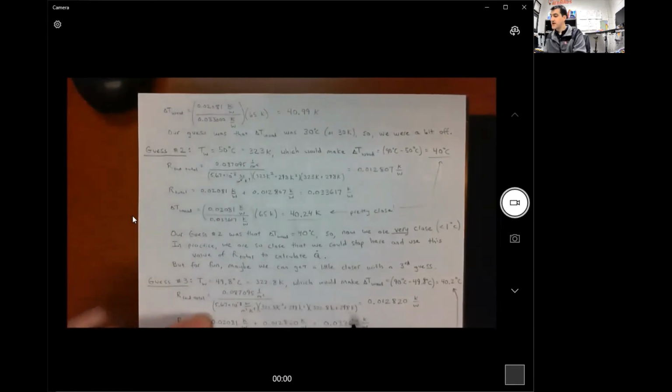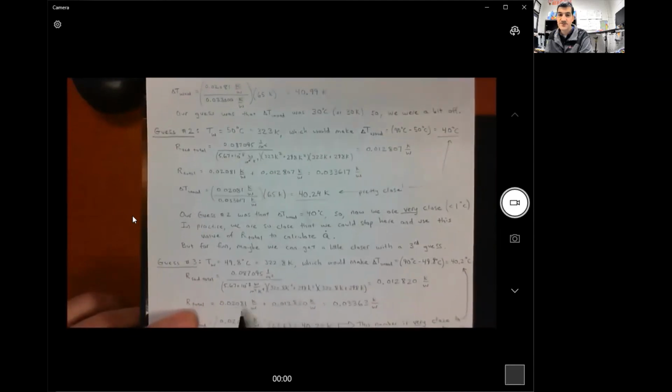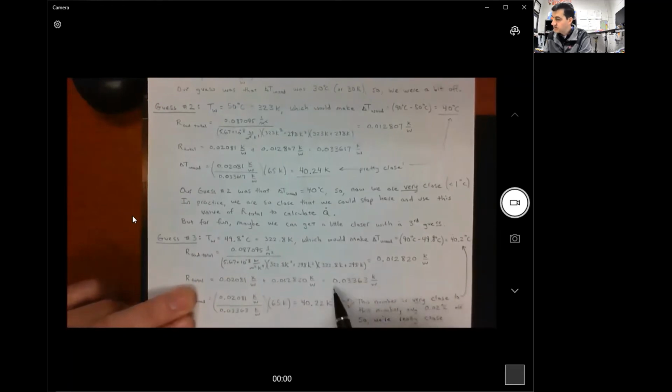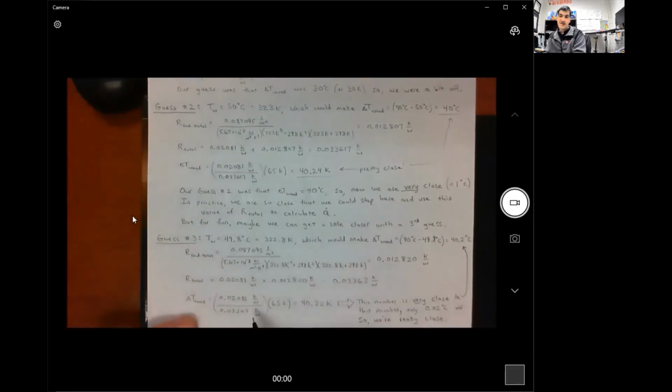Based on my updated assumption, our rad total is 0.012820 Kelvin per watt. I add that to my conduction thermal resistance to get a new updated estimate for total resistance, which is 0.03363 Kelvin per watt. Now I can check, once again, how valid that assumption was.